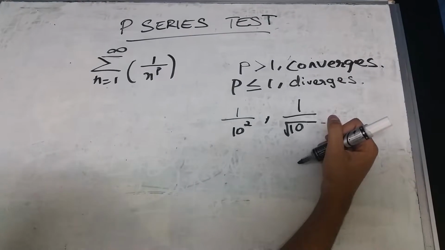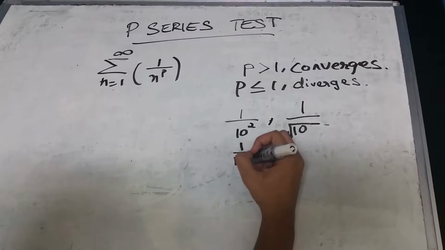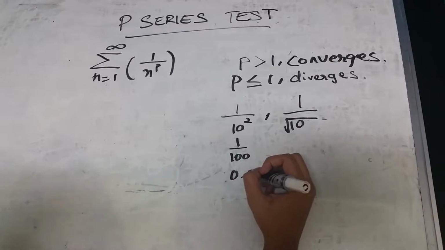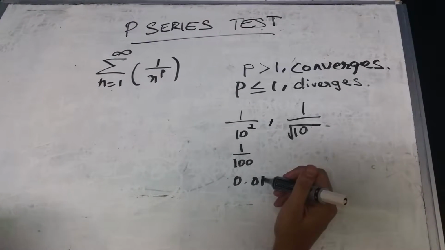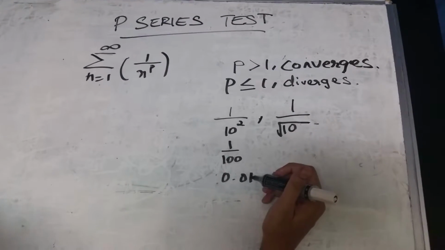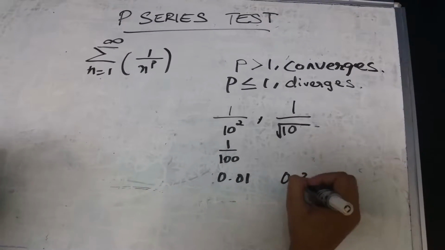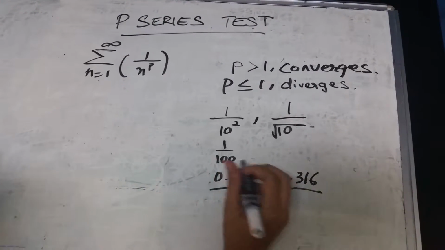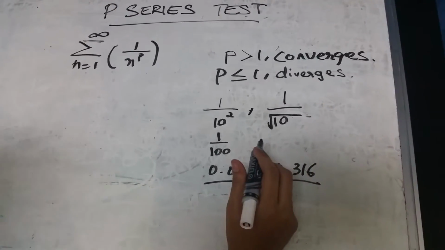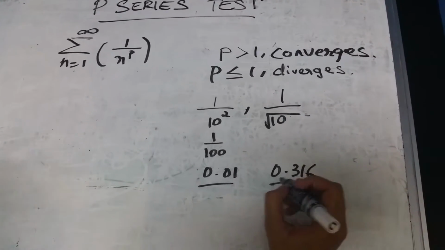If you take this, you get 1 over 100, which is 0.01. And if you take the value for this, you get 0.31. This is useful to remember quickly what it means.